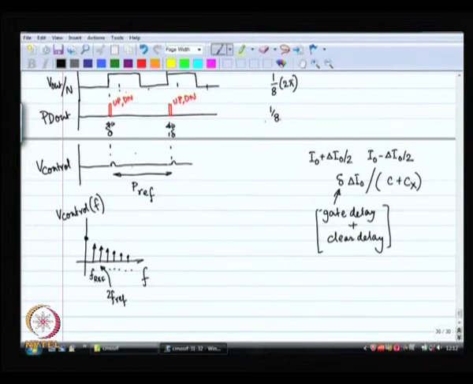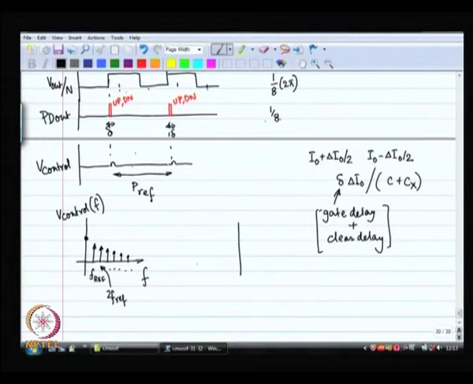Okay. It has all the harmonics. What does this mean as far as the output of your VCO is concerned? It is very straightforward. The output of the VCO will have all of these components in addition to the fundamental.